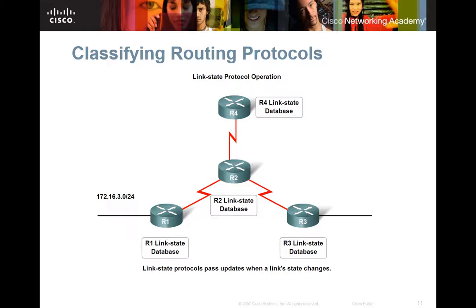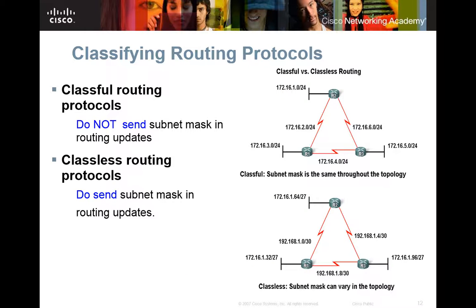Link state, you have a database on each different router, looking at the links out of each port to say whether they're up or down. Classful routing protocols do not send subnet mask updates. Why? Because they're full.